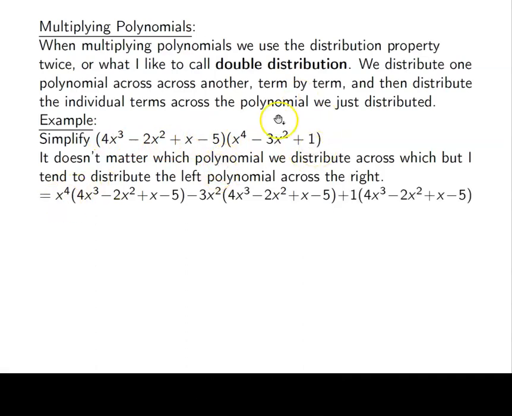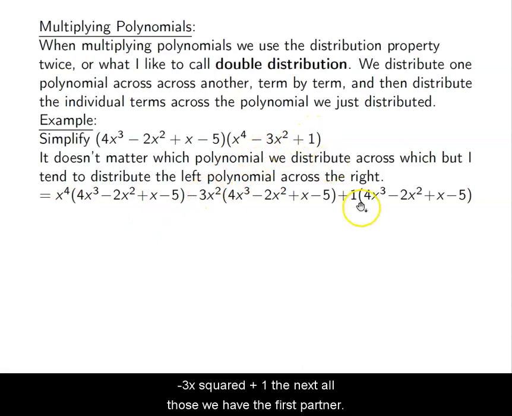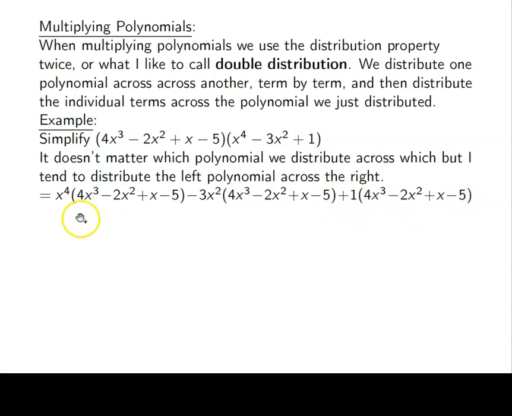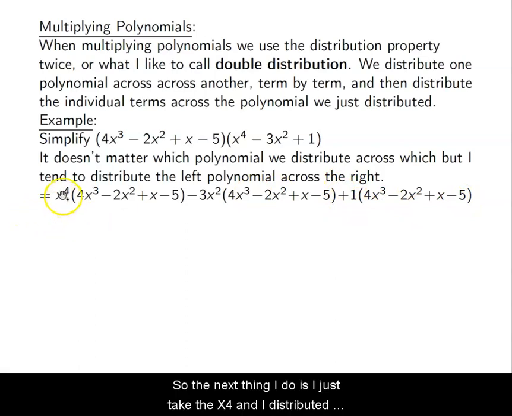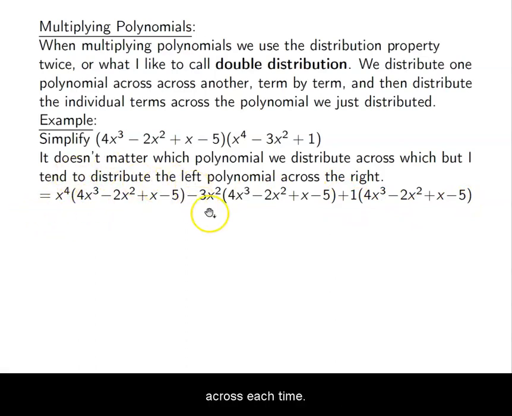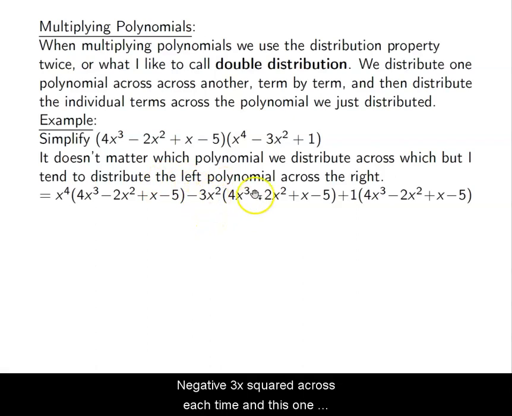So here you can see my second polynomial term by term is on the outside, and then this polynomial is on the right of each individual term on the inside here. So x^4, minus 3x squared, and 1. And then next to all of those, we have the first polynomial. So the next thing I do is I just take the x^4 and I distribute it across each term, negative 3x squared across each term, and this 1 across each term.